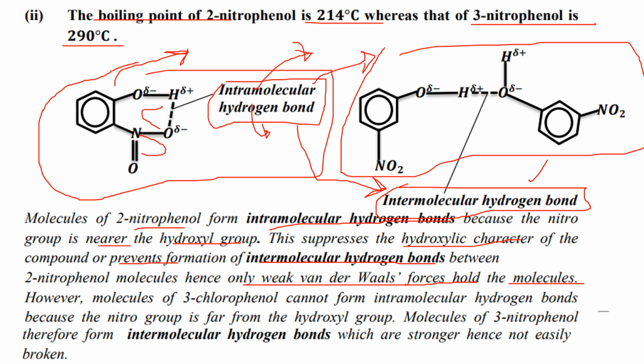Reason being, these bonds require a very high amount of energy to be broken. However, molecules of 3-nitrophenol cannot form intramolecular hydrogen bonds because the nitro group is far away from the hydroxyl group, and as a result, molecules of 3-nitrophenol form intermolecular hydrogen bonds. These bonds are stronger, hence not easily broken, and therefore such a compound is going to have a very high boiling point.